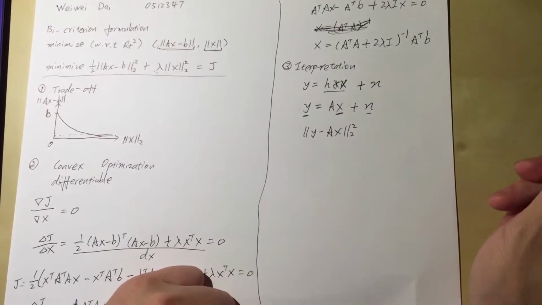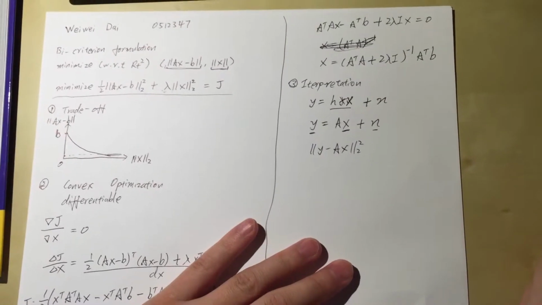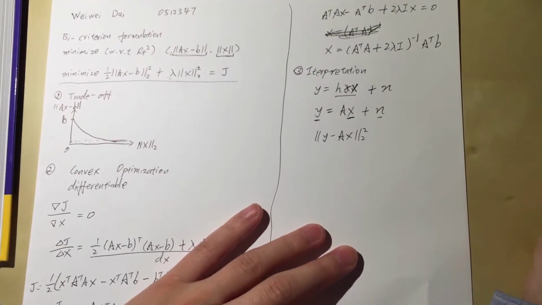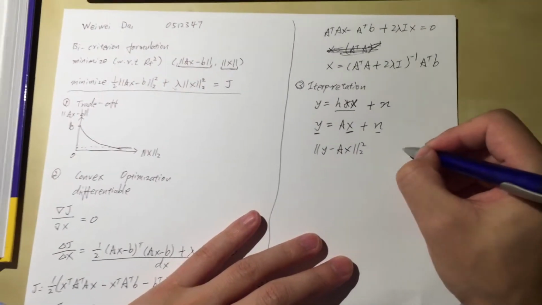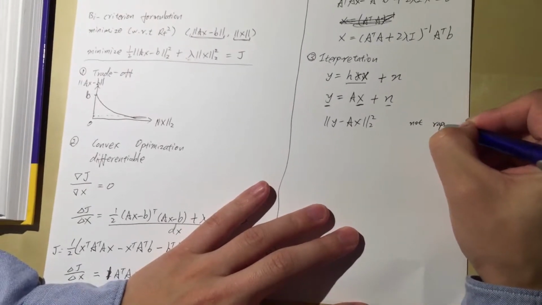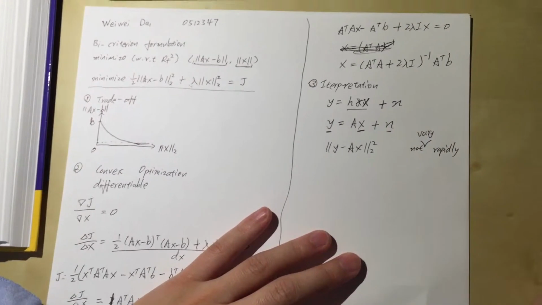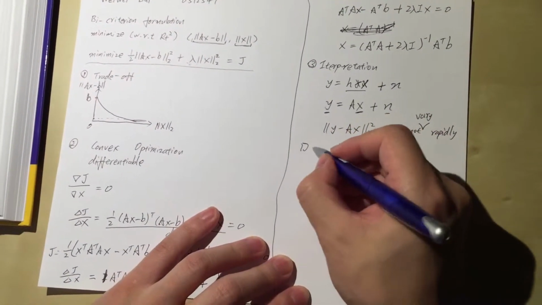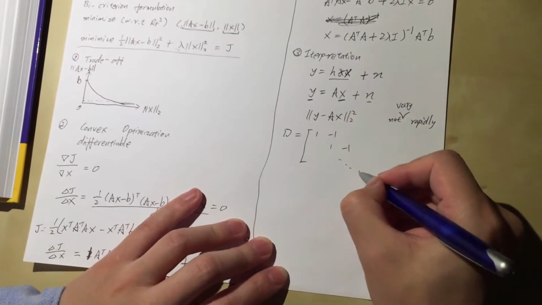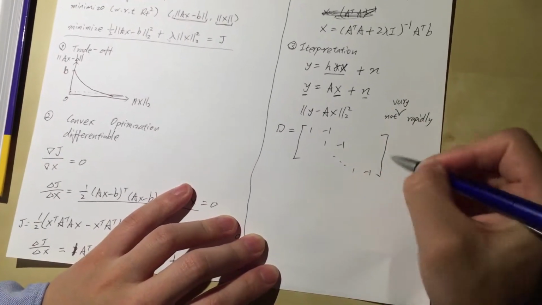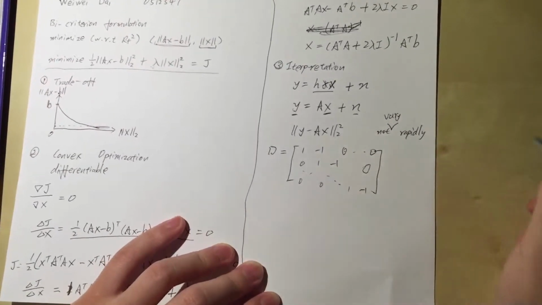We try to minimize this term. But what if we know the signal itself is smooth? What I mean by smooth is that the data will not vary very rapidly. So I want to introduce a matrix D. Matrix D is in this form, and other entries are just 0.